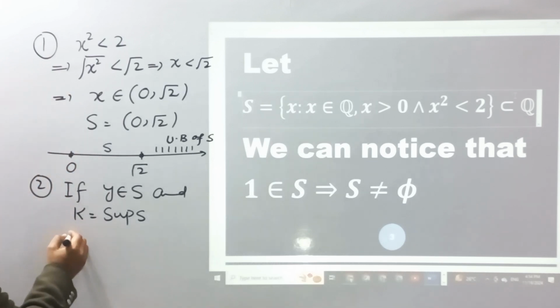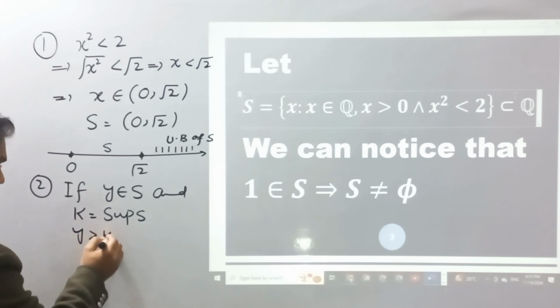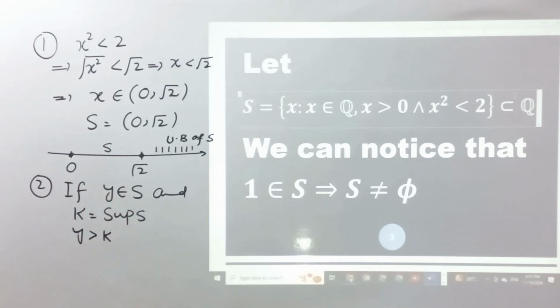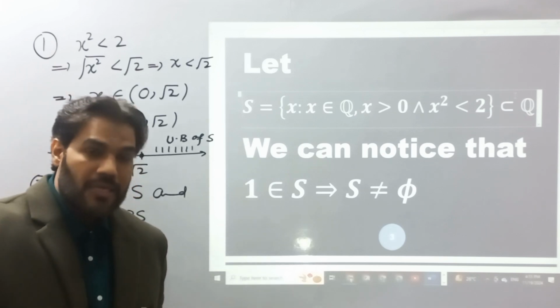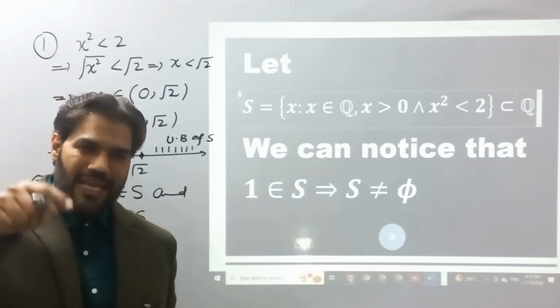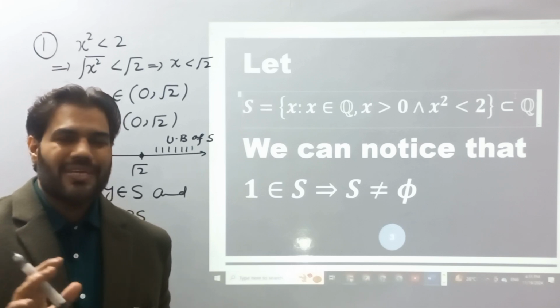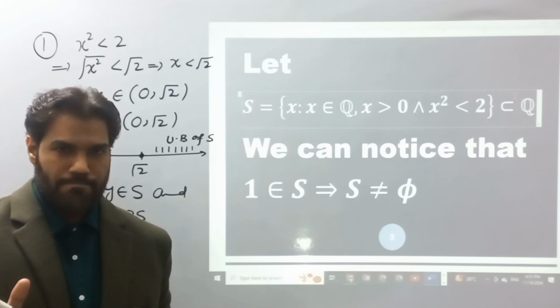This is not possible, because if y is an element of set S, then y should be less than or equal to the supremum of set S. It cannot be greater than the supremum of set S.